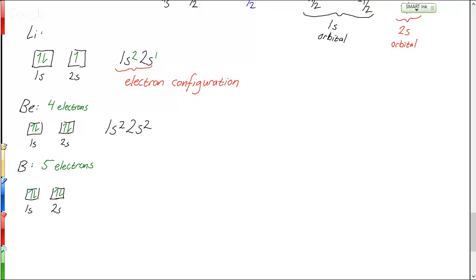Not quite. How many orbitals are there? There's 3. How do we know that there's 3? Yeah, but how do you know there's 3 p orbitals? Just the p orbitals. I'll give you hints from the quantum numbers.